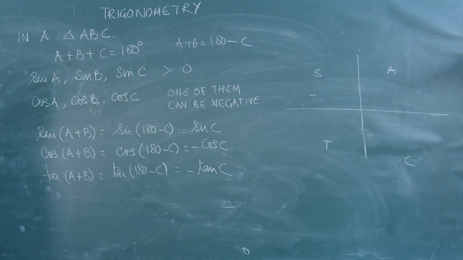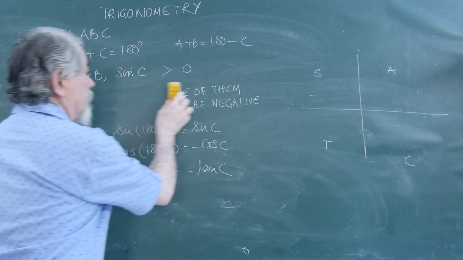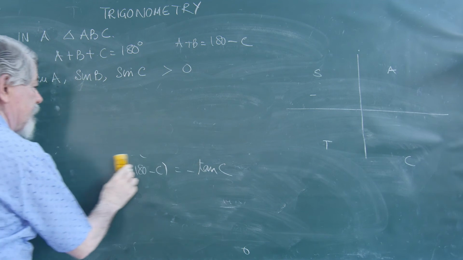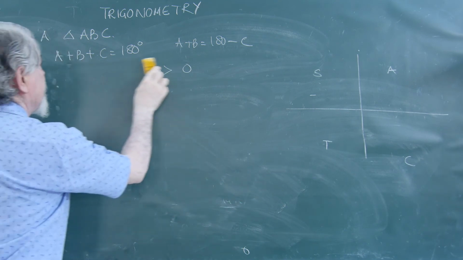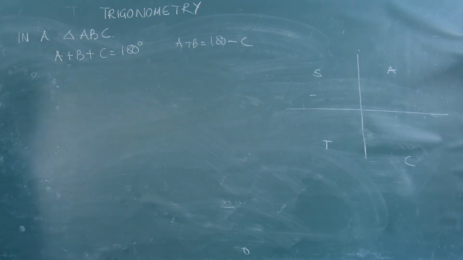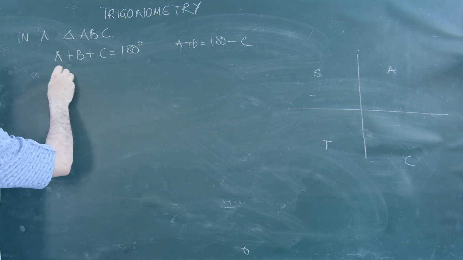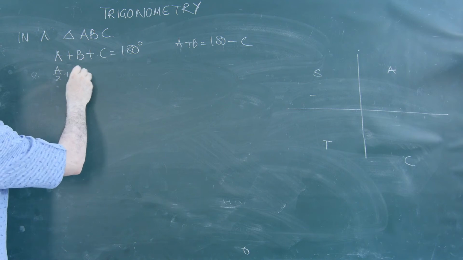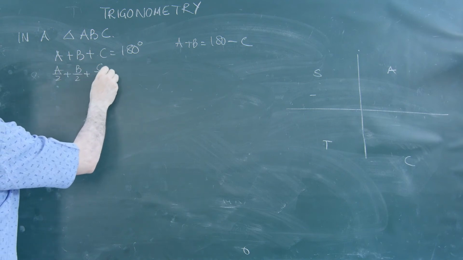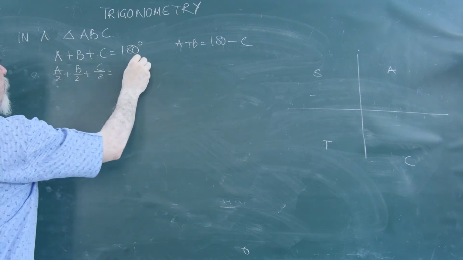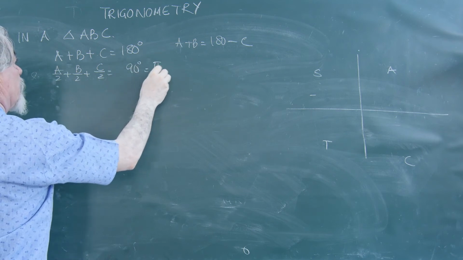Now let me take the half angles. If I take the half angles, like I took A + B + C equal to 180, I can take A/2 + B/2 + C/2 equal to 90, or π/2.